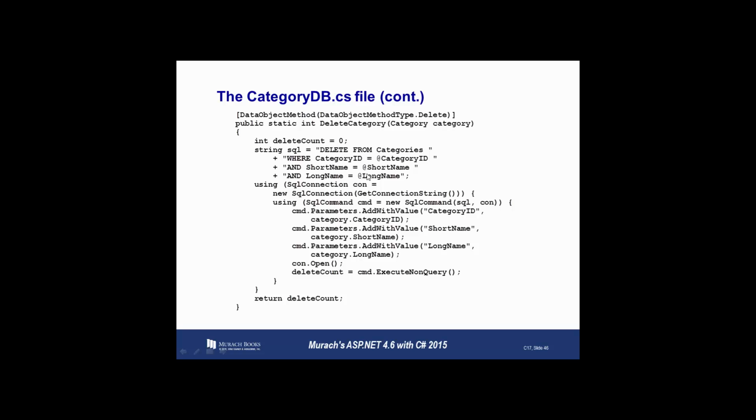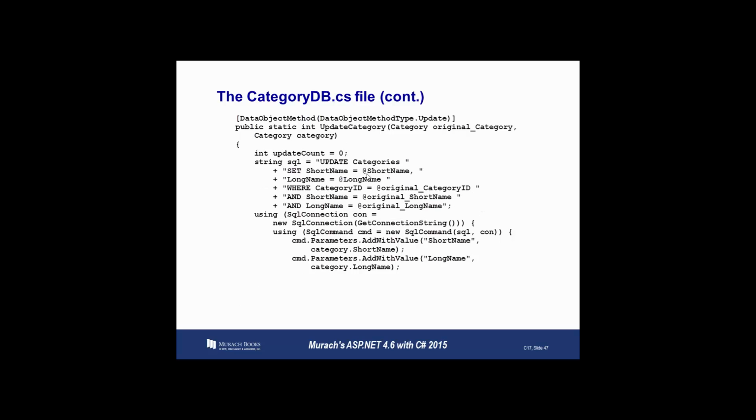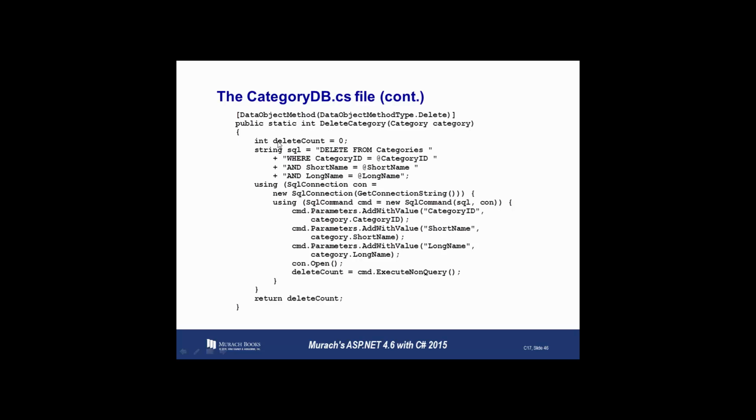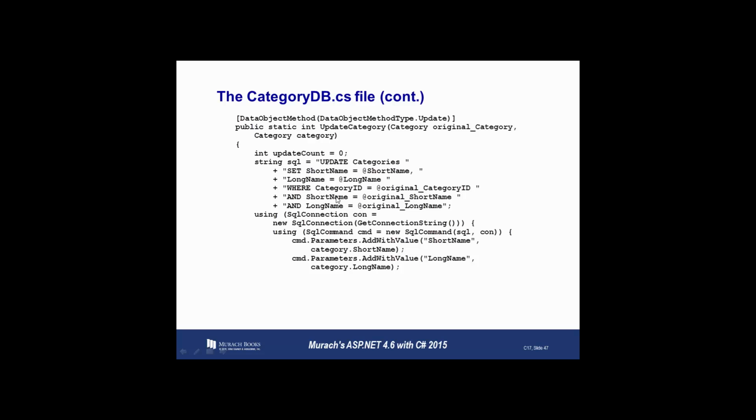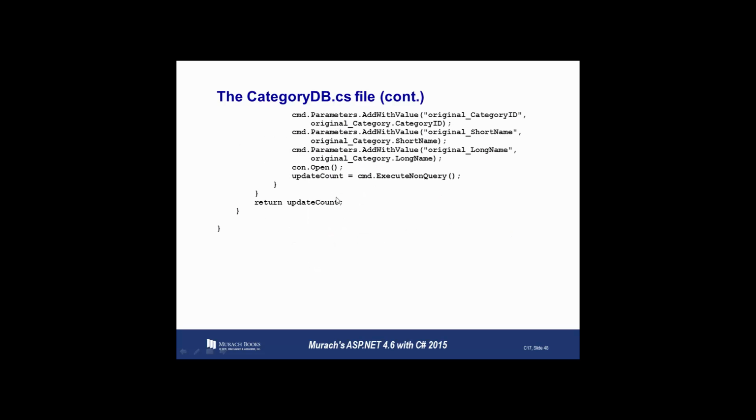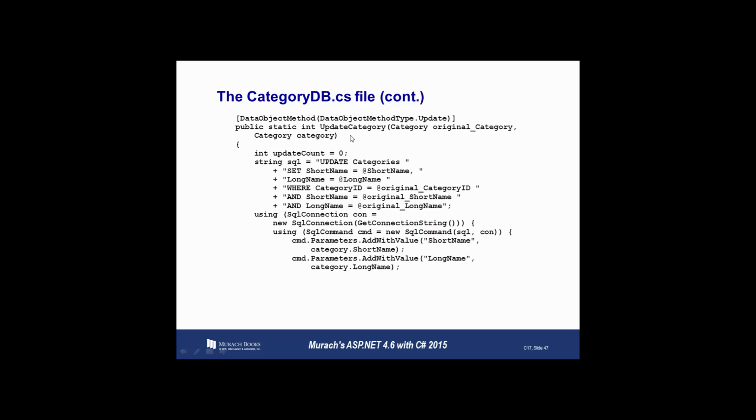They're just very thorough so you don't accidentally delete data, which is really important. But to keep it short and simple, I shortened it up for you. I think the same thing with the update. On my where clause, I said set the short name and the long name where the category ID matches. I didn't have it match these other fields as well, just to keep it short.